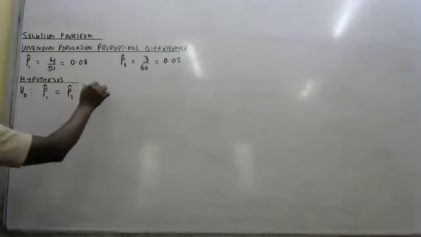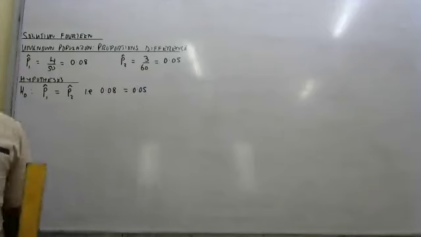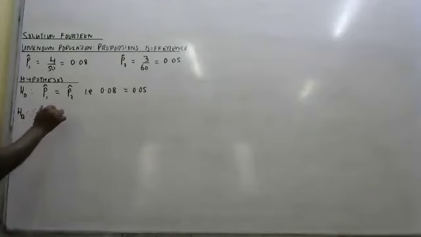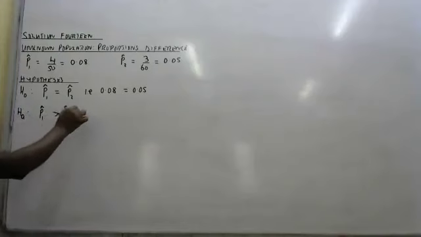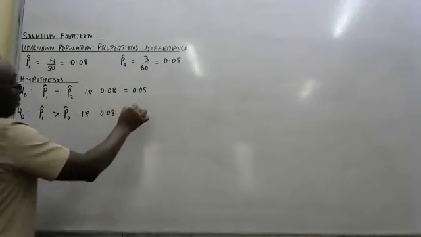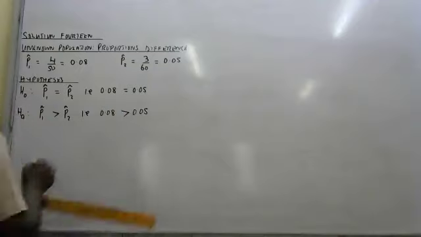That is 0.08 is equal to 0.05. Then in the alternative, you look at the size of these. You can see the first one is greater. So you say sample proportion 1 is greater than sample proportion 2. That is 0.08 is greater than 0.05.